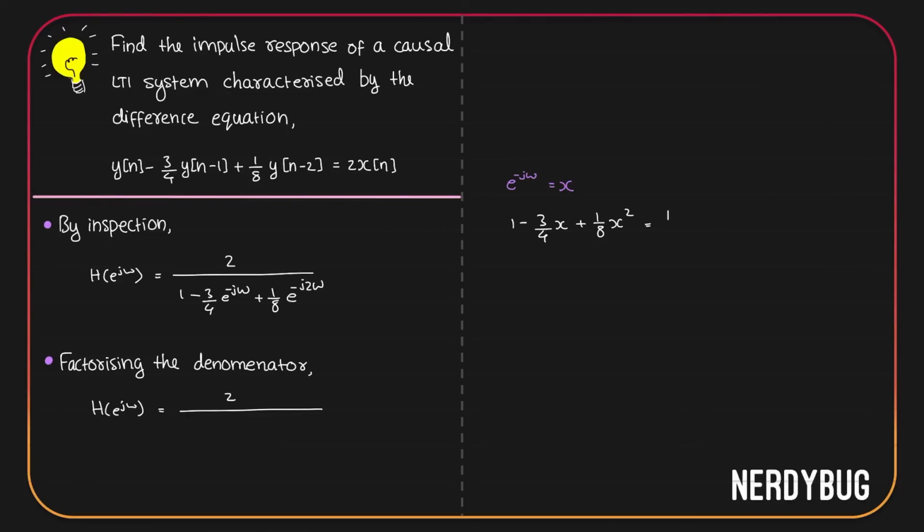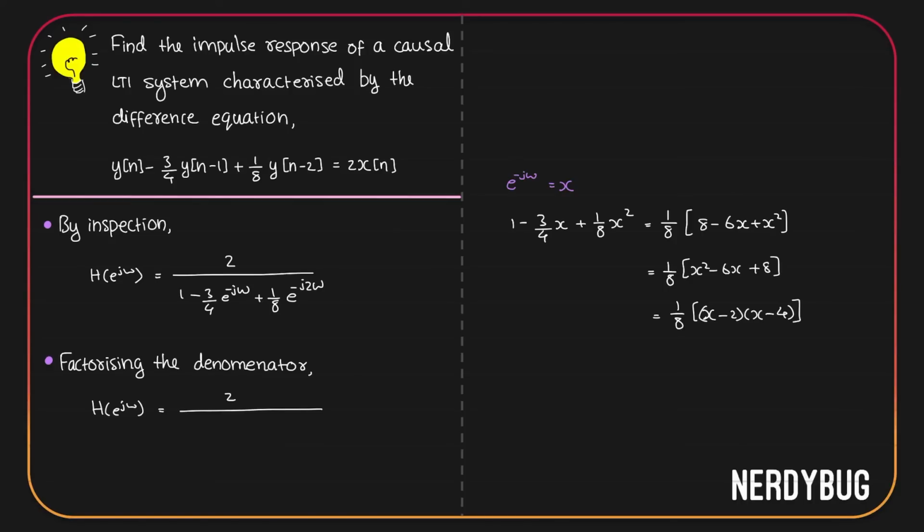This can be written as, let's take 1 by 8 out. 1 by 8 times 8 minus 6x plus x square, or 1 by 8 x square minus 6x plus 8. Now this can be written as 1 by 8 multiplied by x minus 2 into x minus 4.